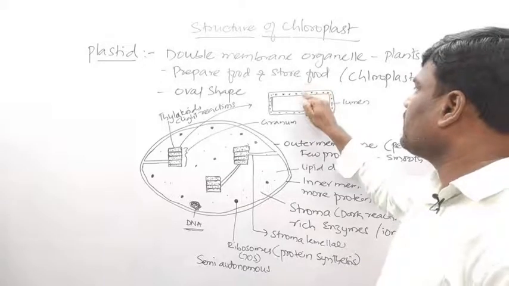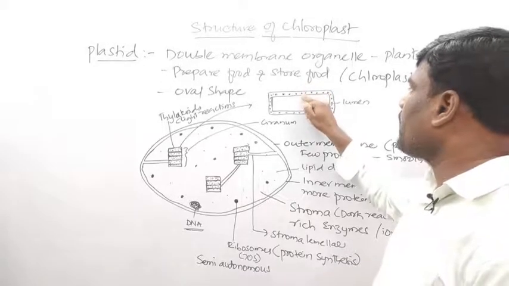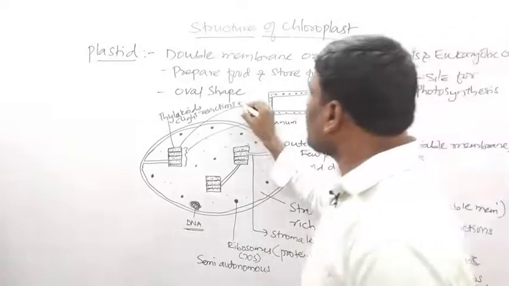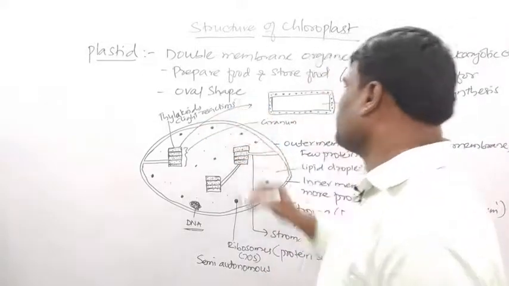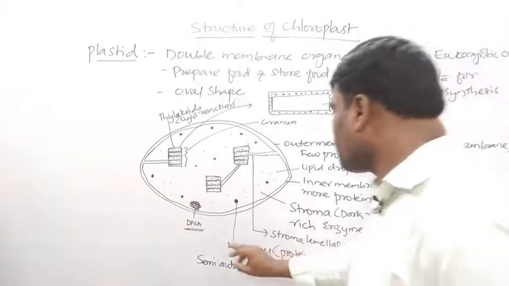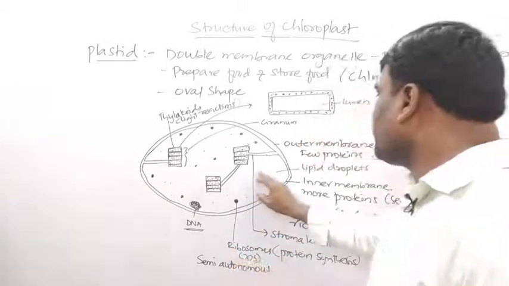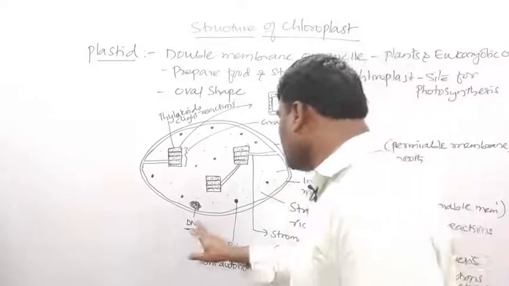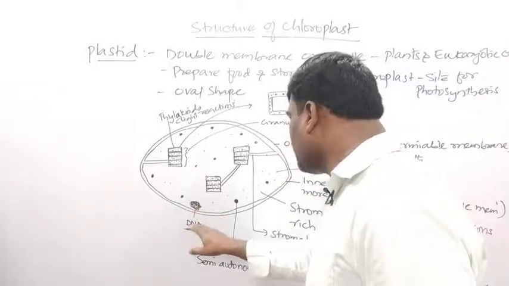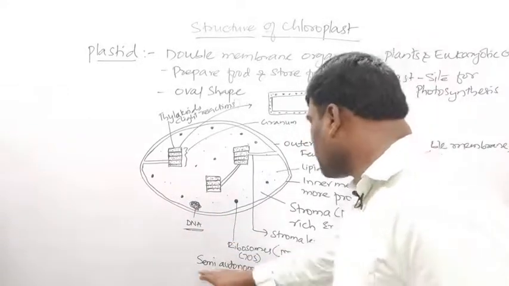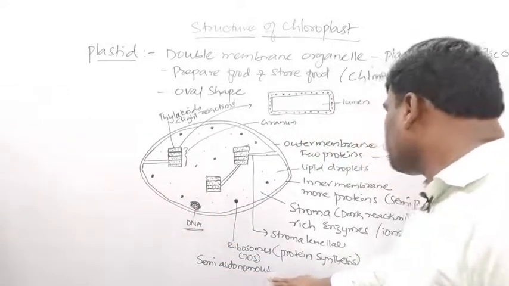Here itself the sunlight will be trapped, and because of trapping of this sunlight, children, light reactions will occur in the thylakoid membranes. Okay, and here ribosomes are also seen, and small lipid droplets can also be seen, children. And because of the presence of circular DNA, it can control itself, so that's why it is called semi-autonomous, children.